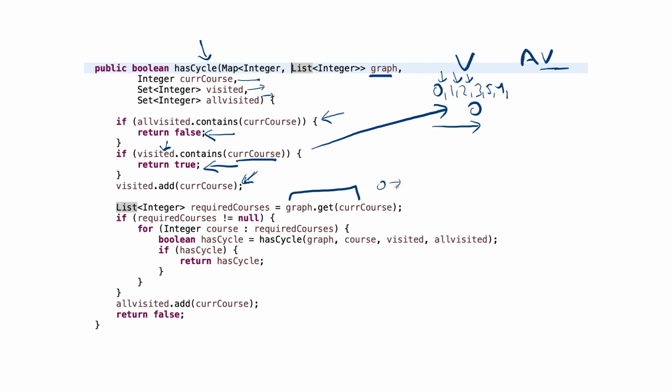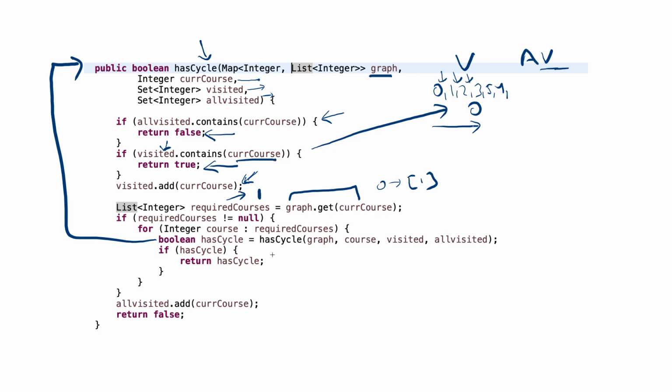For example, if 0 has dependency on 1, then in the required courses we will have 1, and we'll continue the same process again. So has cycle will again call itself, and then it will continue the process of checking whether the further dependencies have any cycle or not.